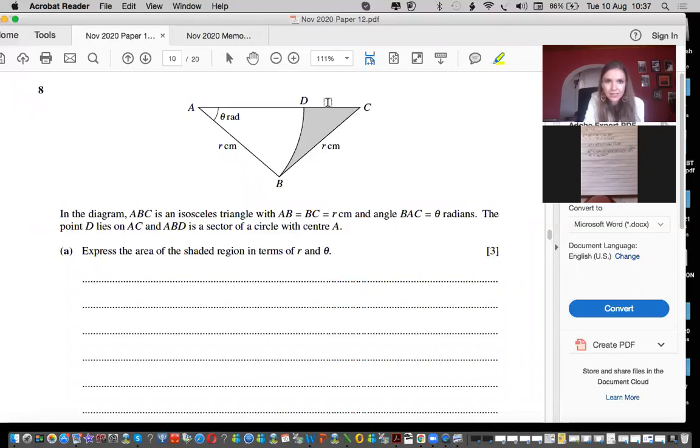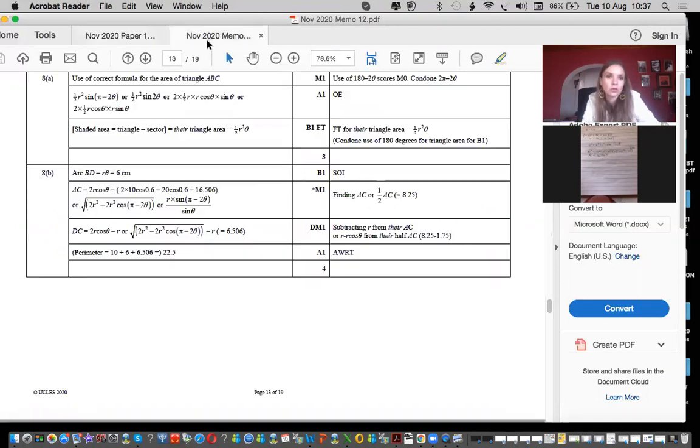Remember, this is not DC yet. We have to minus AD, which I told you in the beginning was 10. So if I minus AD from AC, I get 6.506. And then if you add them all together, you should get to 22.5. Yes, 3 significant figures.